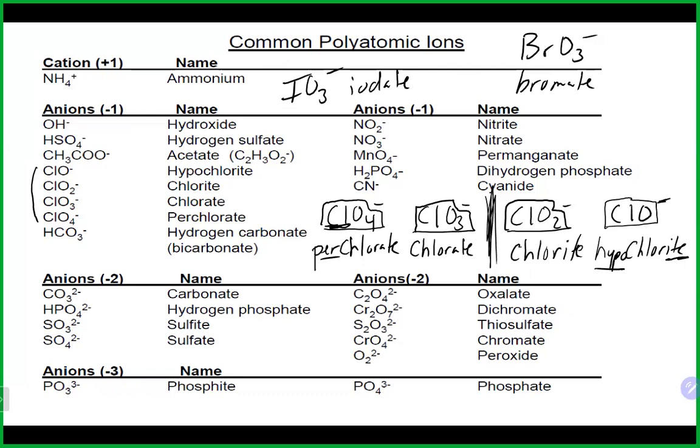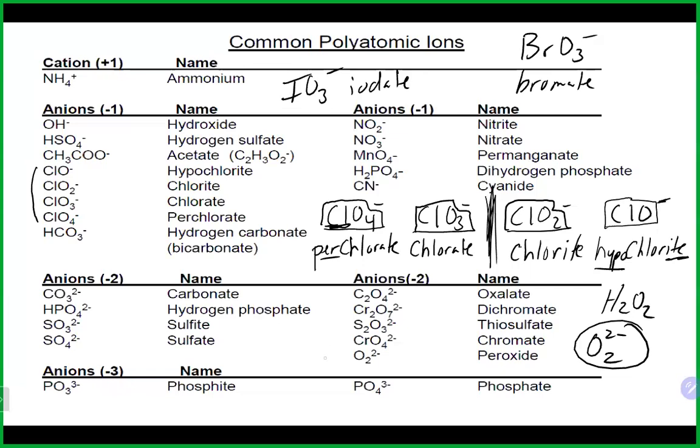So for the chlorate, would hydrogen peroxide be in it? No, hydrogen peroxide actually would be H2O2, and that's because peroxide is this guy. It's actually a polyatomic ion. That's peroxide, which might be on here somewhere, right here.